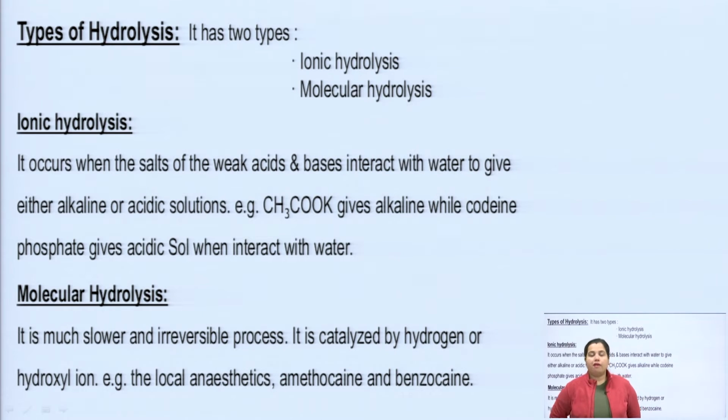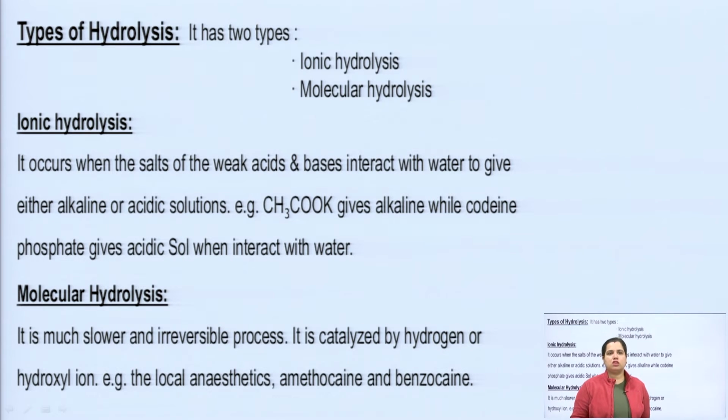There are two types of hydrolysis: ionic hydrolysis and molecular hydrolysis. Ionic hydrolysis occurs when the salt of a weak acid or base interacts with water to give either an alkaline or acidic solution.